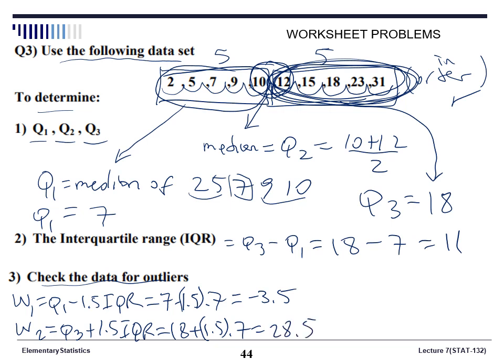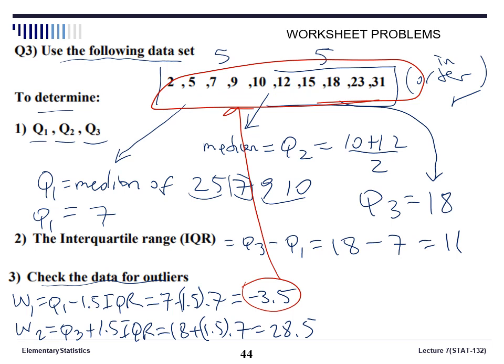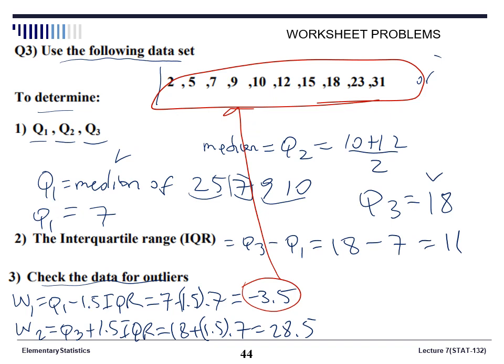Now you compare them with this data here. Anything lower than -3.5? Nothing lower than -3.5.